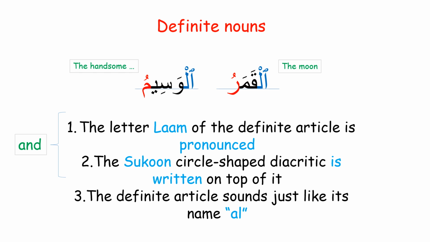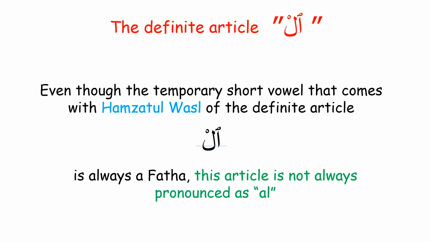So, again, the temporary short vowel that comes with Hamzatul Wasl of the definite article is a fatha, and the letter lam is pronounced, which makes the definite article sound as its name, al. Kindly note that there is a sukoon written on top of the letter lam. Right.